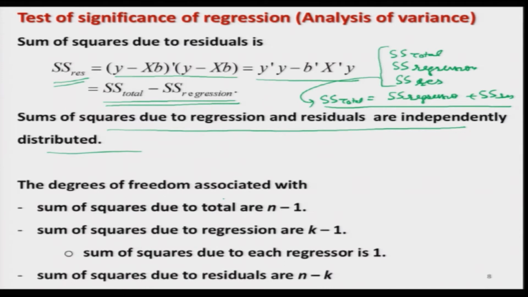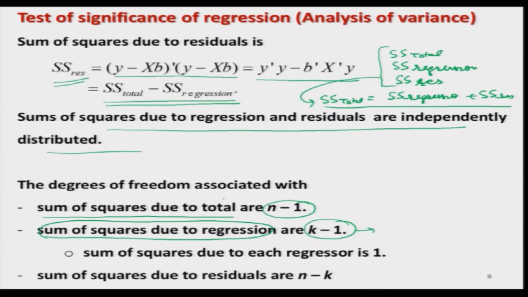The degrees of freedom associated with the sum of squares due to total are n minus 1. The degrees of freedom associated with the sum of squares due to regression are k minus 1, and these are further partitioned into the sum of squares due to each regressor.